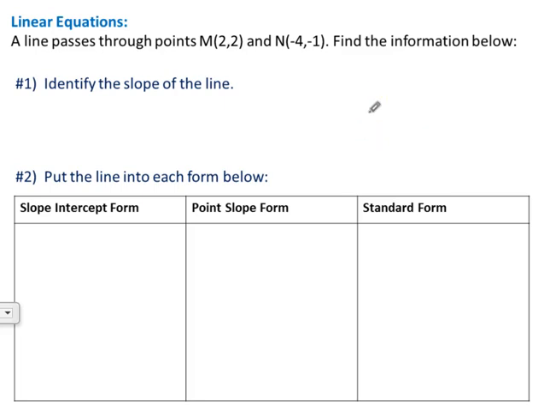So let's look at putting a line into each of those forms: slope-intercept form, point slope form, and standard form. If we have a line on a graph, we can take that same line and express it in each of those 3 forms.